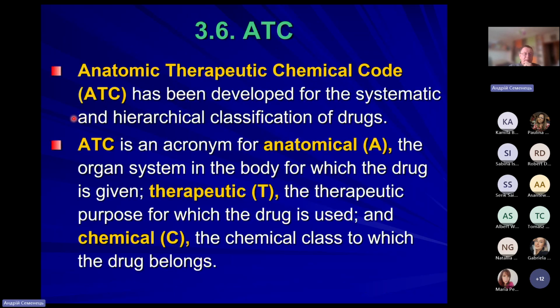Okay. And probably the last thing I want to show you is ATC, the anatomical therapeutic chemical codes, developed for systematic and hierarchical classification of drugs and medicines. It's an acronym for the anatomical organ system in the body for which the drug is given, the therapeutic purpose for which the drug is used, and the chemical class to which the drug belongs.